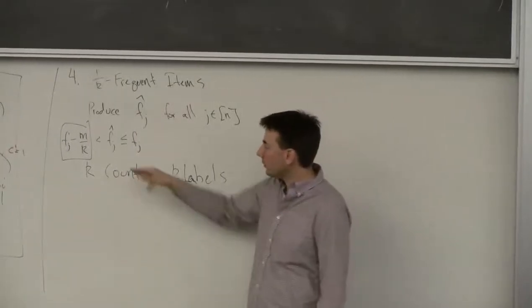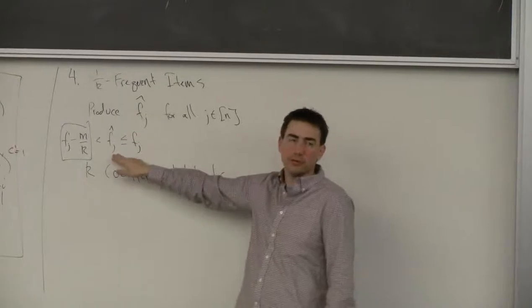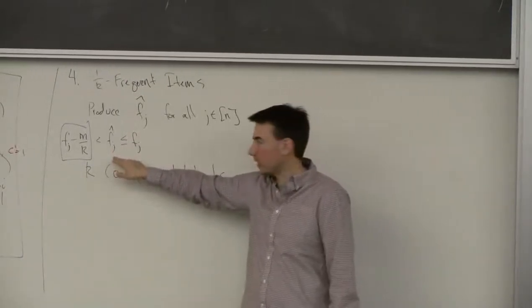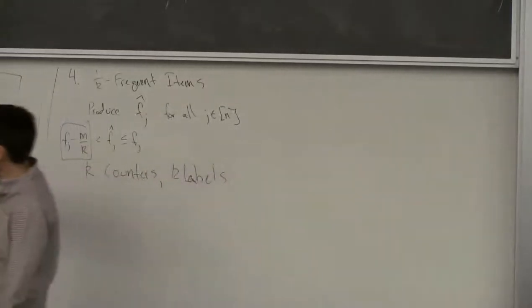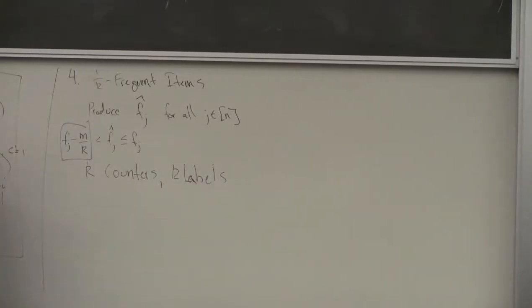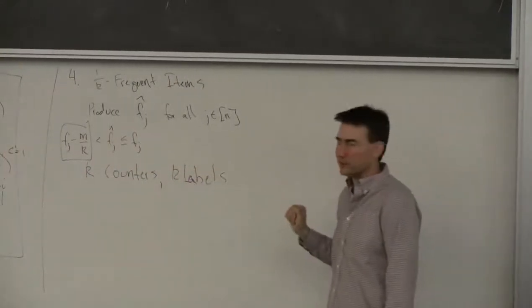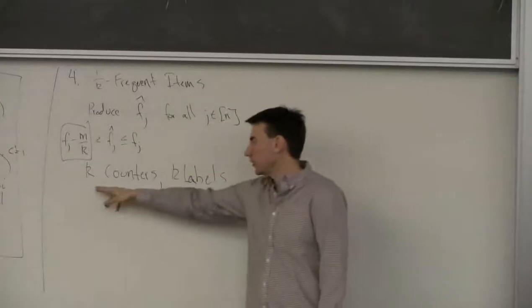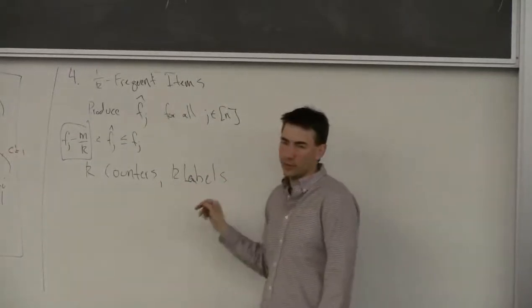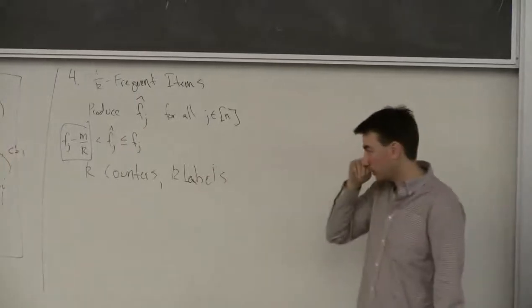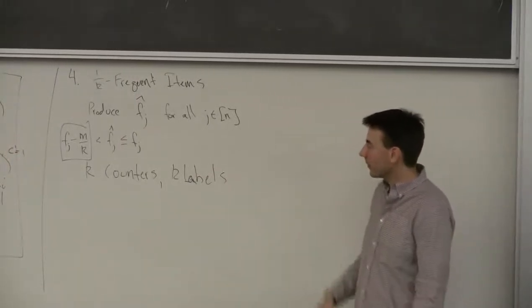If it's greater than half the votes, I have to return some count for this j. So if k is equal to 2, I'm actually solving this majority problem. And I'll be a little sloppy with the analysis, you can actually do this with k equals 1 counters and labels, but it's a little bit easier to think with k counters and labels.